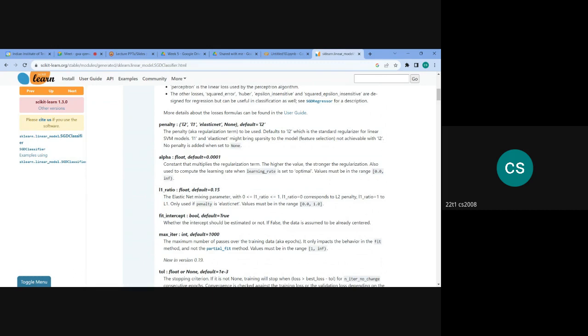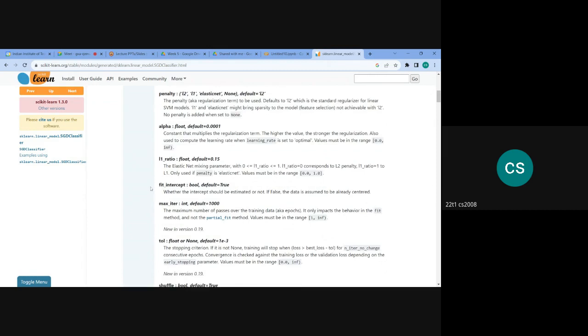Just remember that low alpha means overfit and high alpha means underfit, opposite to the SVM C parameter. If we increase C, then it will start to overfit. But in this case, if we increase alpha, then it will reduce the overfitting. L1 ratio is the same.